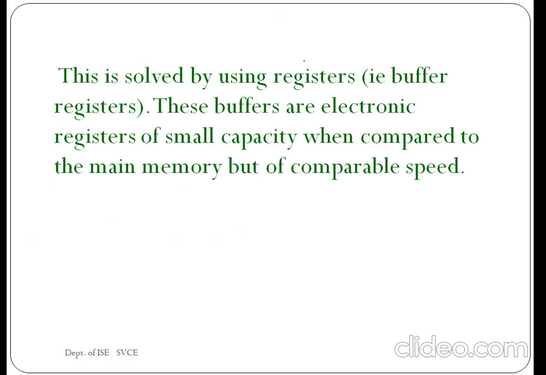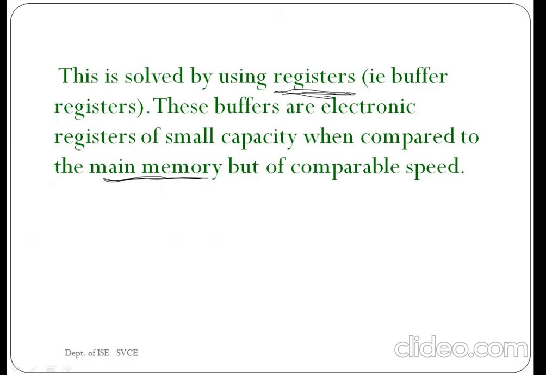This is solved by using registers. Registers are capable of holding a very small amount of data, but with respect to speed, they can transfer data at a higher speed. These buffers are electronic registers of small capacity when compared to the main memory. Yesterday I was explaining about the main memory. Getting data from main memory takes some amount of access time. Instead, if the data is available in a register within the processor, transferring the data may not take much time.